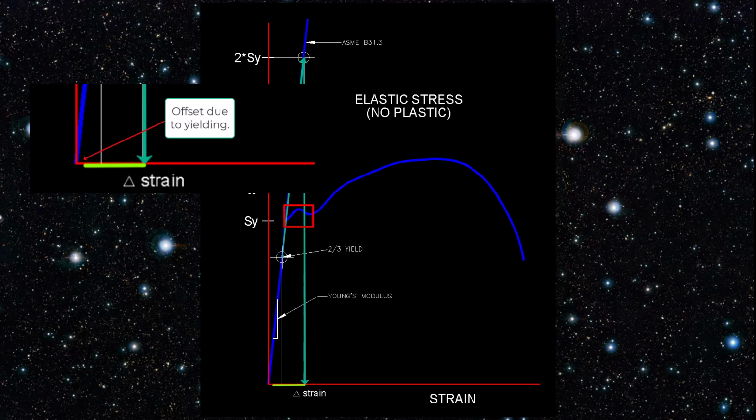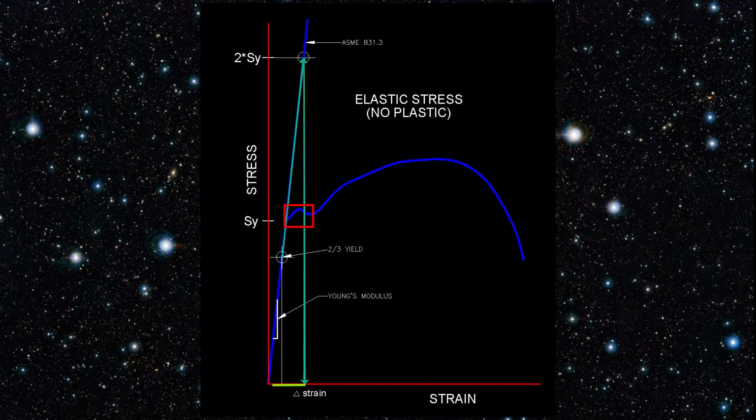Now, if the load for this self-limiting case were removed, then it would repeat and follow the same curve right back near to zero, just like the sustained case. In other words, what's important here is that even though there may be a very small unrecoverable deformation, the stress-strain cycle for self-limiting or secondary will be very similar in its recovery capability as sustained.